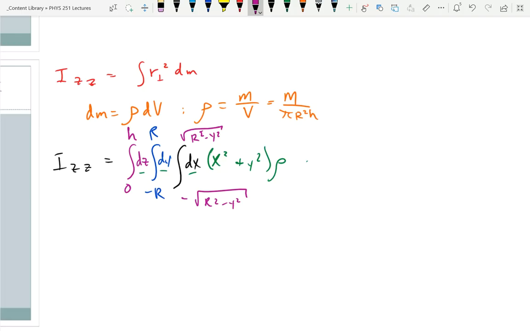And so when I do the x integral, it's trivial. Yeah. x cubed over 3 plus y squared x over 1. But then I substitute in those limits and I have these square roots of r squared minus y squared times 1 times y squared. And that integral isn't pleasant.